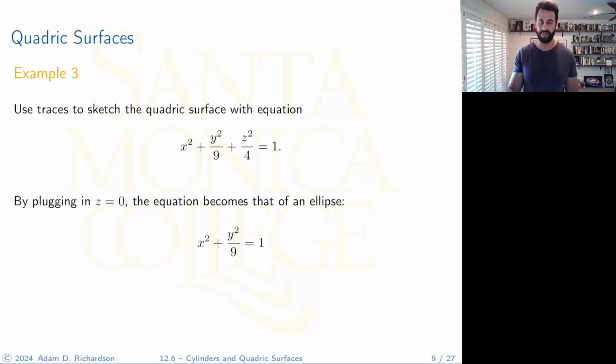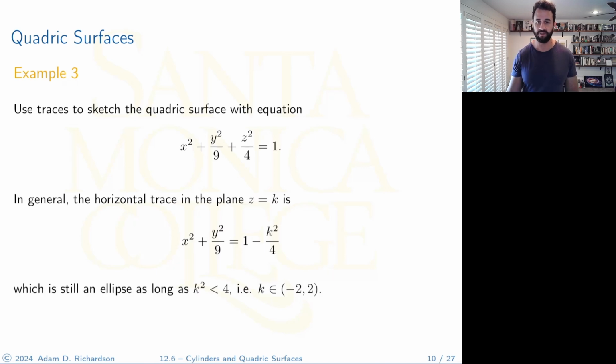Let's plug in some other values of z. If you plug in some other values of z, say k, where k varies, then you get another ellipse. Remember that the structure of an ellipse looks like this, and you could always normalize this so that it's equal to 1, and then what you get is a scaled x squared term, a scaled y squared term, and then 1.